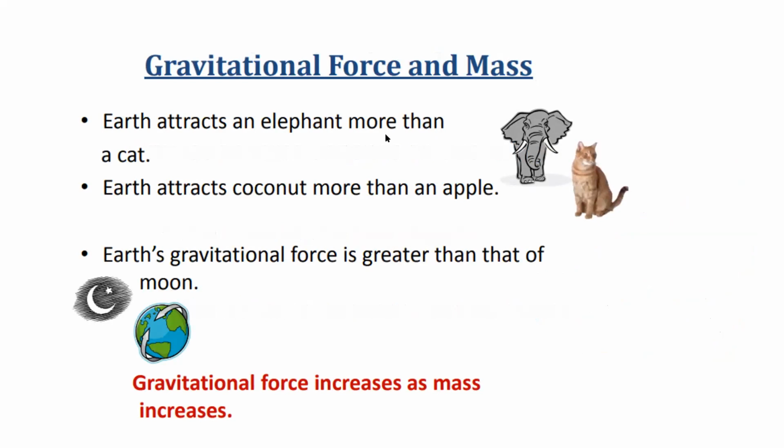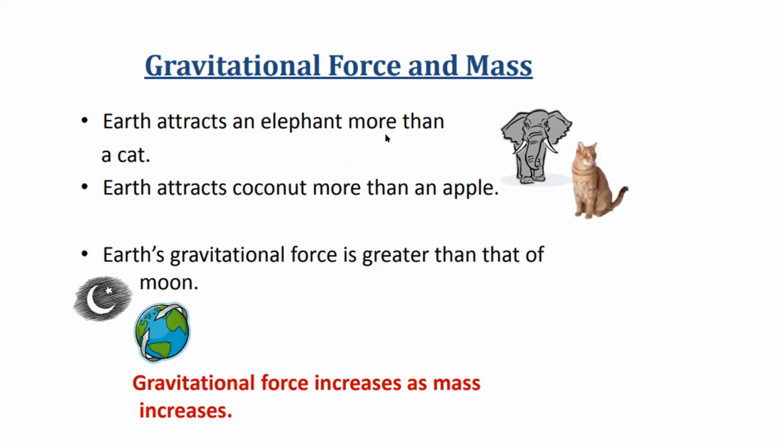Let's see how the gravitational force depends on the mass. They told us that the Earth attracts an elephant more than a cat because the elephant has a mass greater than the cat. And the Earth attracts the coconut more than the apple because the mass of the coconut is greater than the apple. So here the gravitational force depends on the mass.